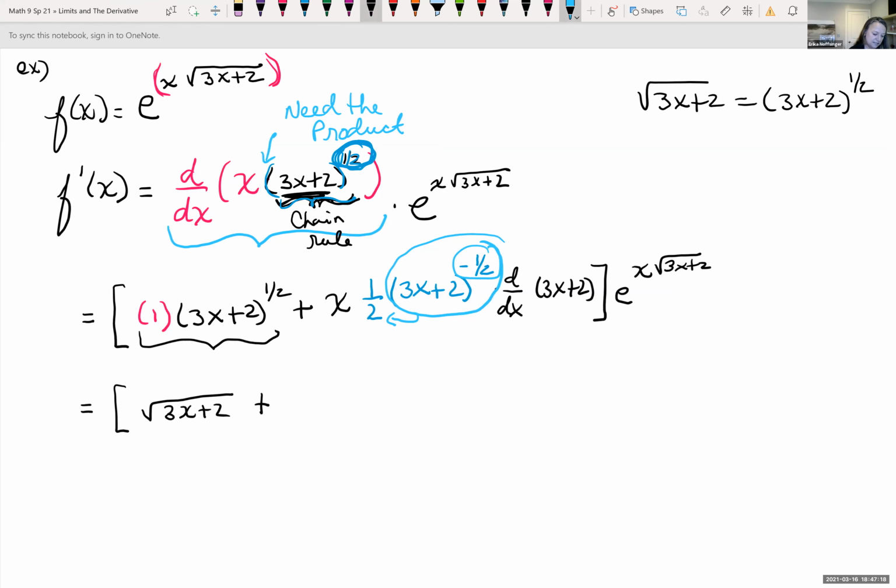I have an x in the numerator, you can think of that over 1 if you want, all over this 2. And when I make this exponent positive, the 1/2 power is the same thing as the square root of 3x plus 2.